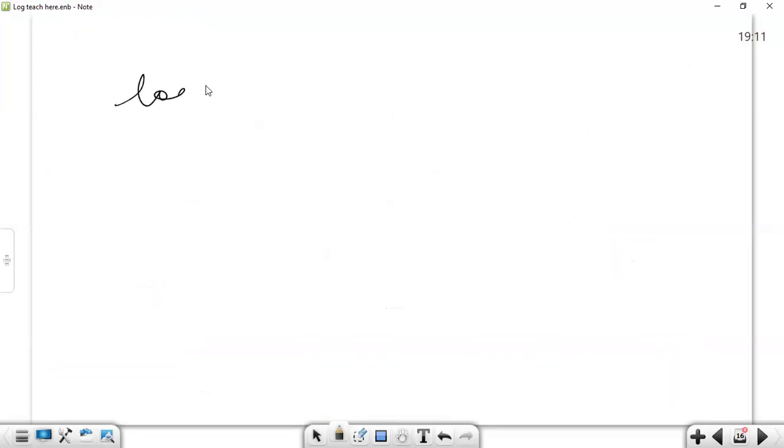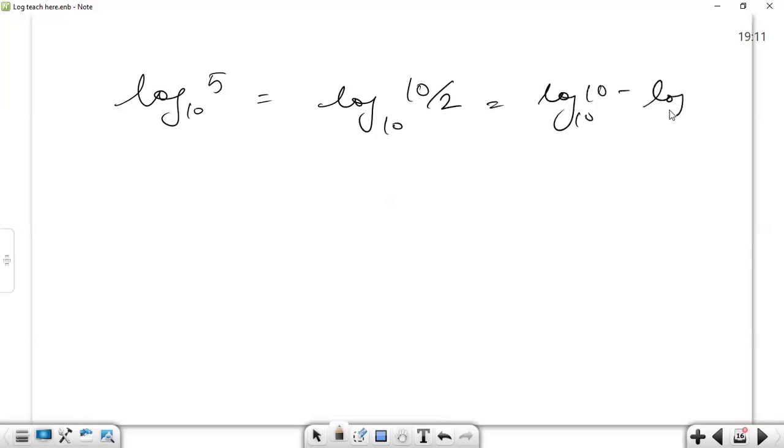Using the property, this is 1 minus logarithm of 2 to the base 10. Now we know its value. That's how we will find it.